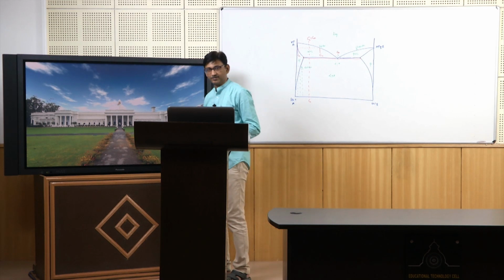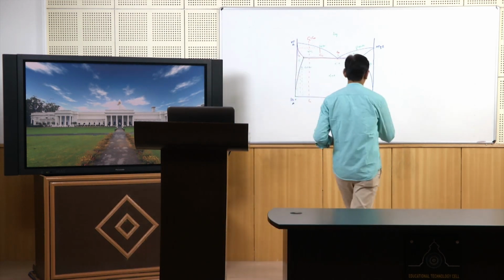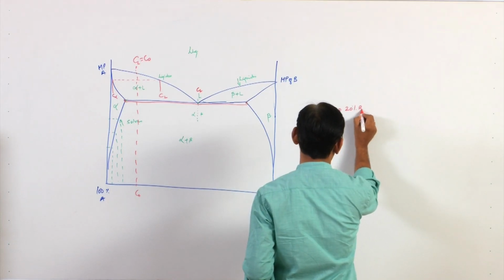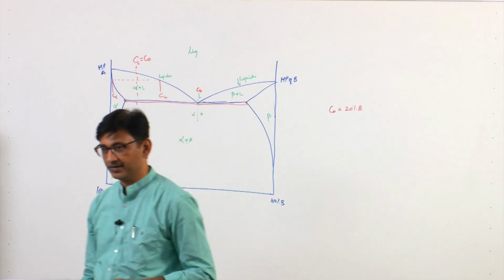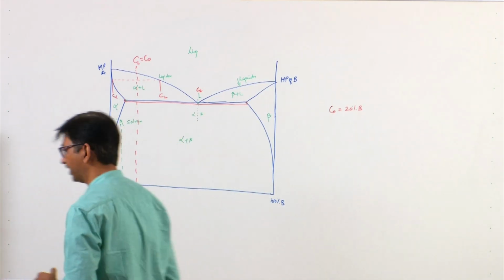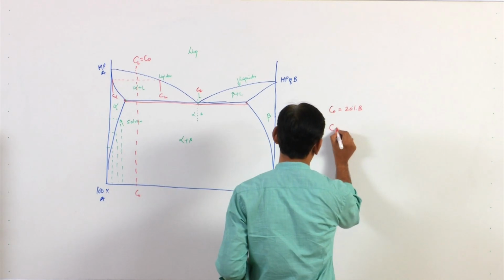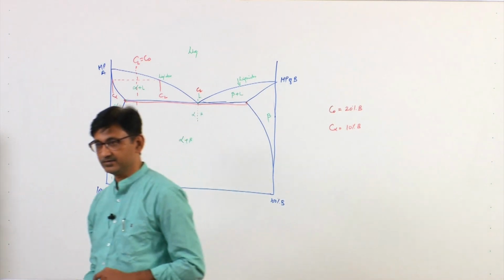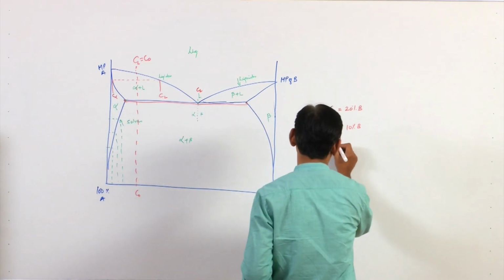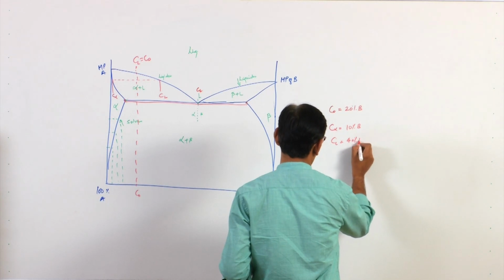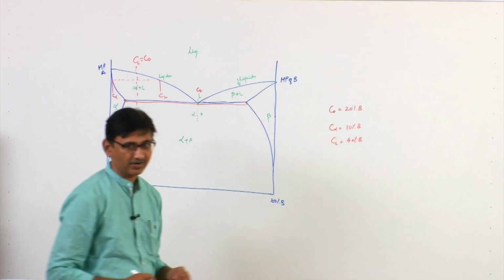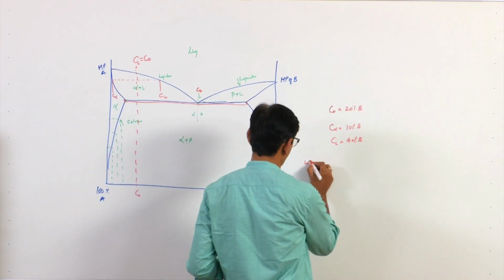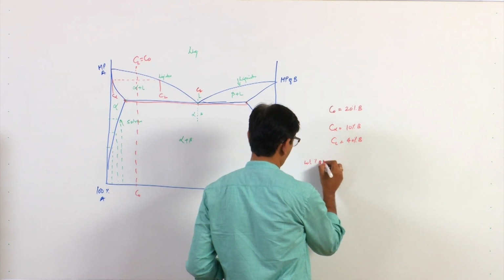According to that diagram, the overall C naught is equal to 20% B, and from here the C alpha has the composition 10% B and C liquid has composition 40% B. Now, supposing these are in weight fraction, I want to find the weight percentage of alpha phase.